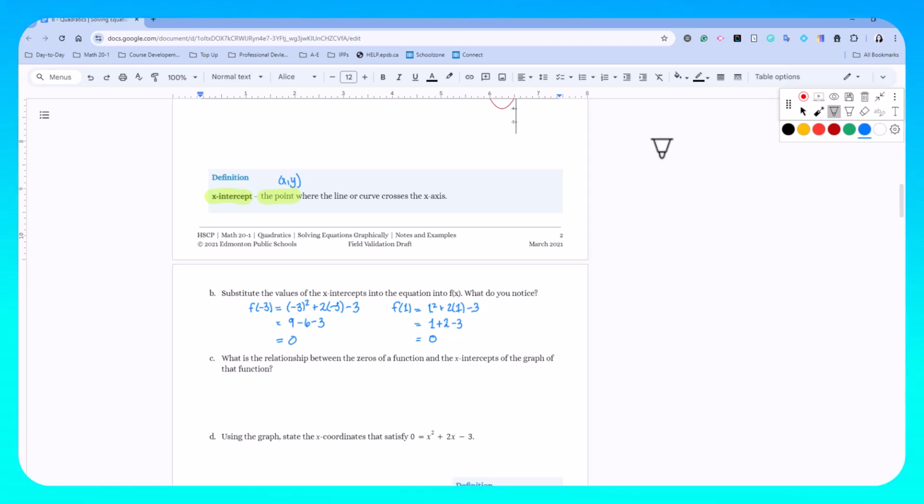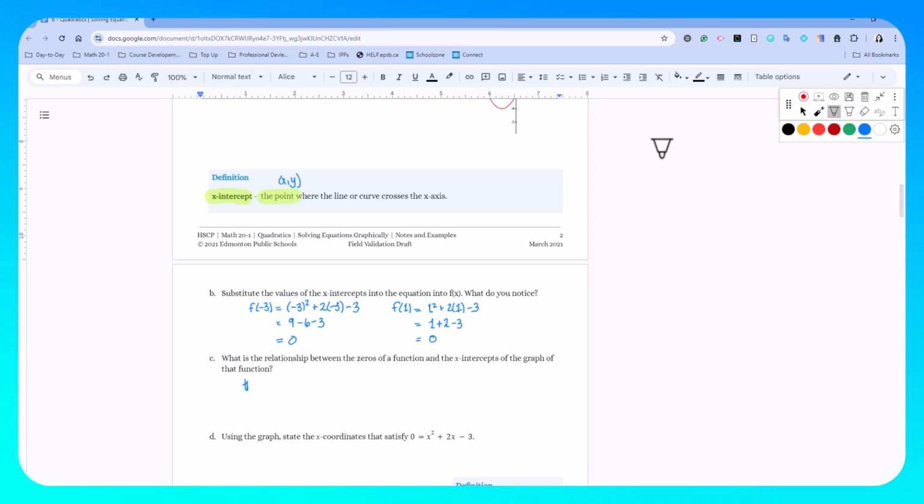So what is the relationship then between these zeros of a function? In other words, we put in these values of x and got 0 out, and the x-intercept of the graph of the function.